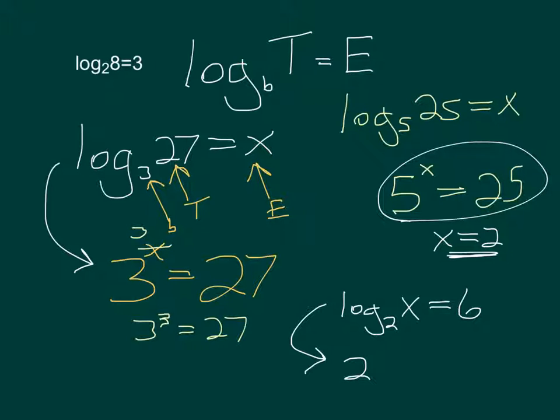So 2 is my base. This time 6, the exponent, is known to me. And x is what I don't know, and it's the thing in the middle here. It's my target. So 2 to the 6th is 2 times 2 times 2, 6 times. I think that's going to give me 64. So my answer here would be 64.